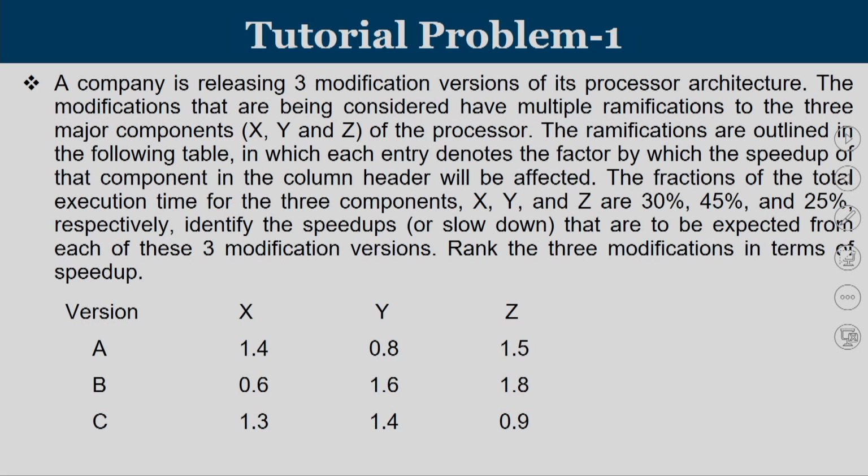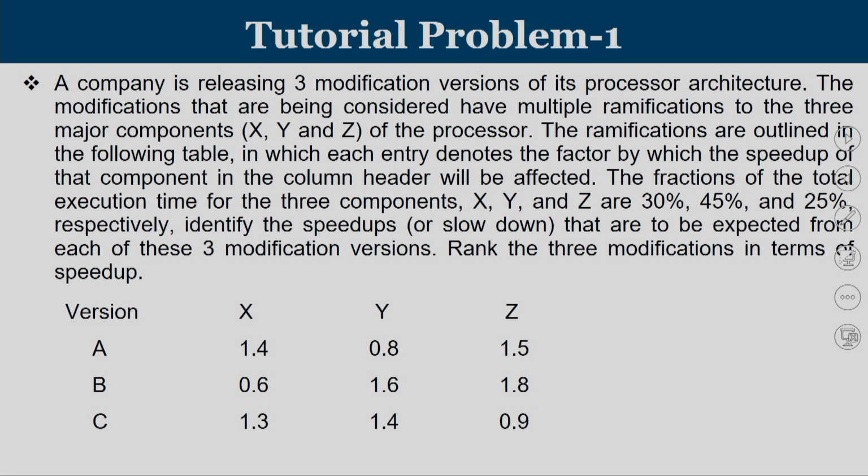The fractions of total execution time for these 3 components X, Y and Z are 30, 45 and 25% respectively. Identify the speed up or slowdown that are to be expected from each of these 3 modifications. So, we are supposed to rank these 3 modifications in terms of speed up.